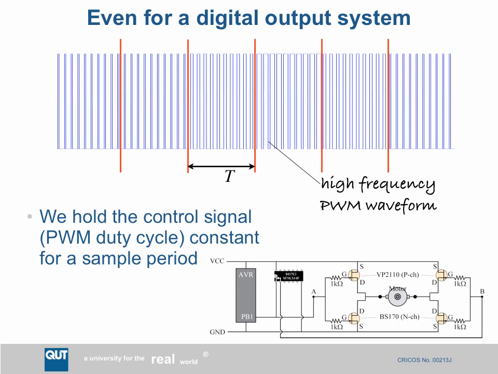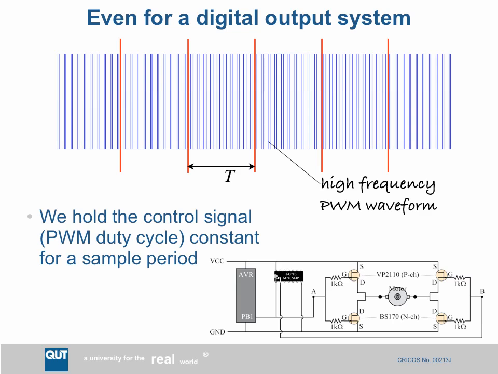For instance, a pulse width modulated signal which is driving a motor. Well, again, we still have a zero-order hold function. So what I've shown here is the pulse width modulation signal in blue, and that's generally a very high frequency waveform, many, many kilohertz, which chops the current going to the motor to give an approximation of a variable voltage.